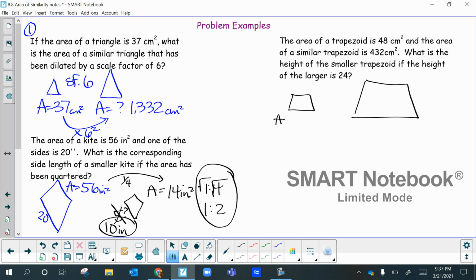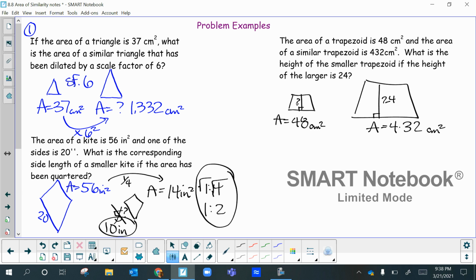This area over here is 48 square centimeters, and this area over here is 432. And it says the height of the larger one. So this height is 24. Question is, what is this height?